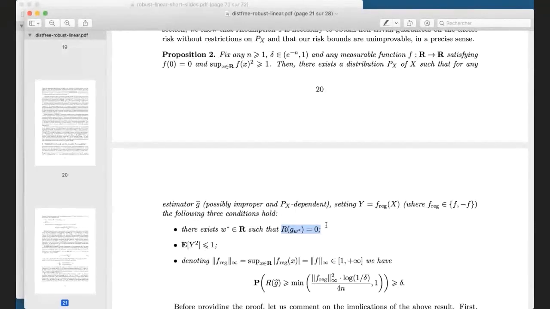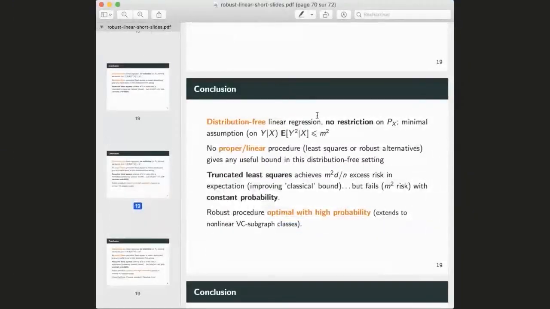Because we are really distribution free, if you make no assumption on X, you really have to pay exactly for this M. So you cannot hope to get a better dependence on the conditional distribution.